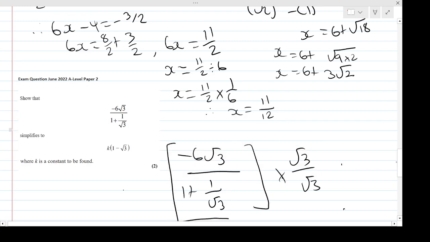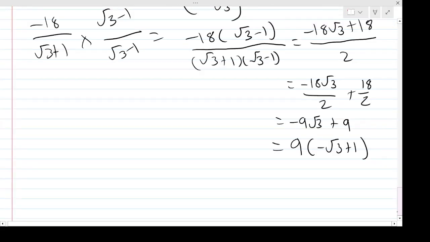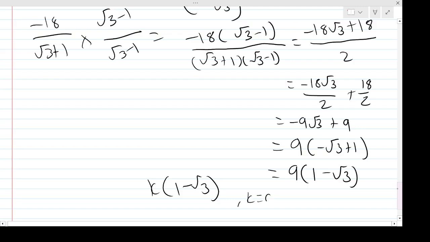We factored the 9 out, and it says k of 1 minus root 3. Well, I have minus root 3 plus 1, so if I just switch that around, it's going to be 9 of 1 minus root 3. It's the exact same thing, I just switched it around. Now that is exactly in the form k of 1 minus root 3, where clearly k has to equal 9. Okay, there we are.